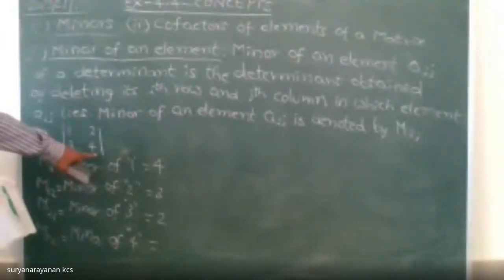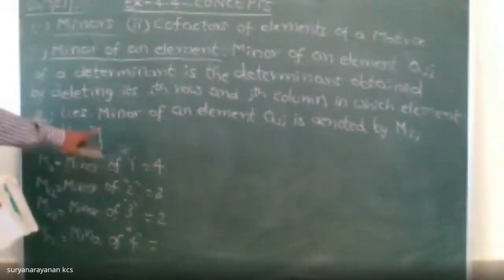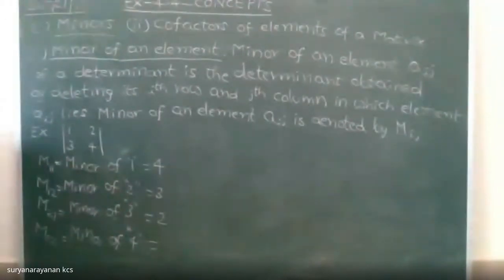Then how do you get its minor? Close the second row, second column. What is its minor?